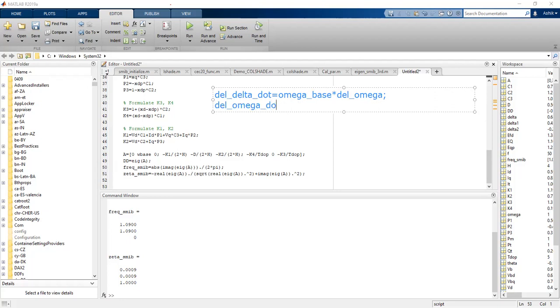So del omega dot, it was minus, I can put 1 upon 2H now, 1 upon 2H multiplied by a bracket, some third bracket, minus K1 capital del delta minus D into del omega.